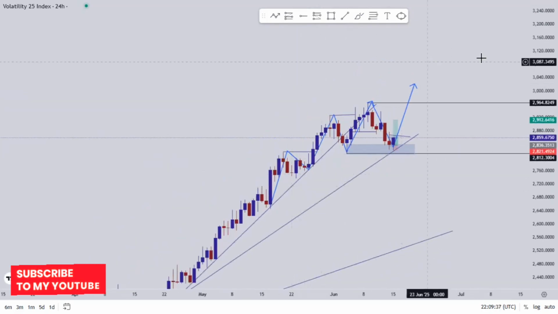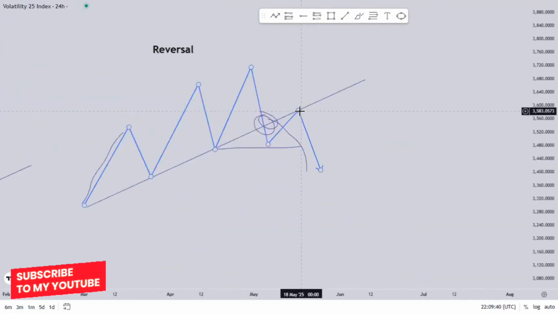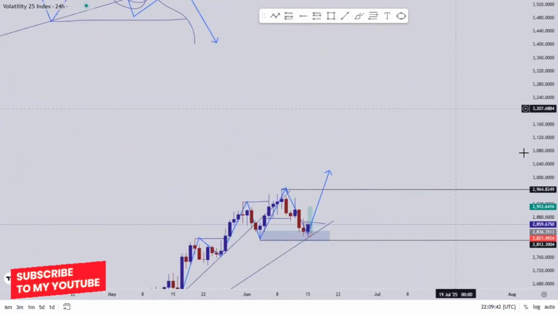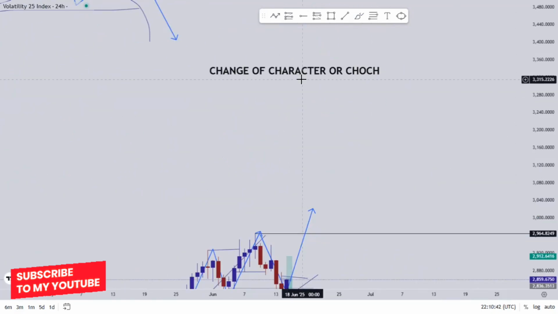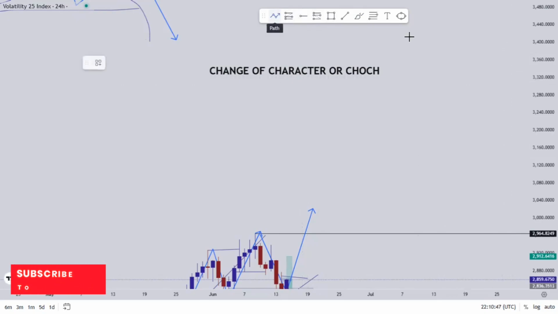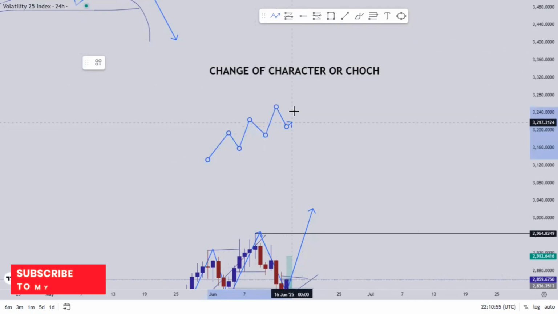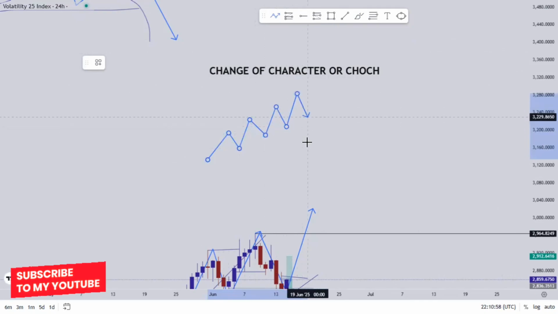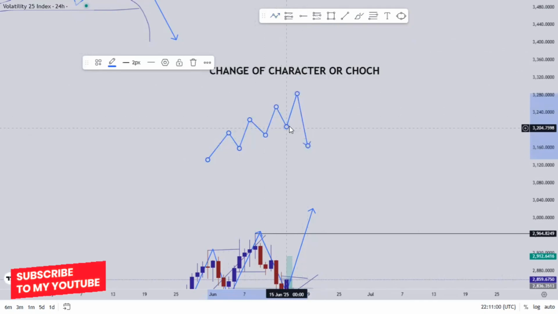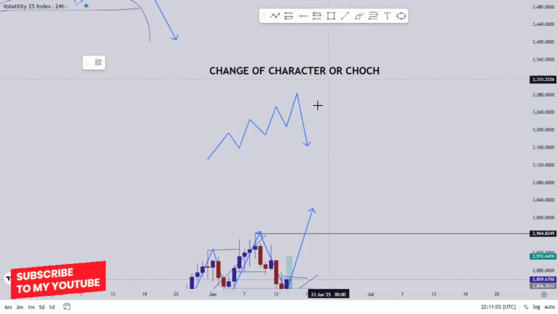Now, that brings me to the concept of change of character. Change of character is one of the key concepts that play a major role in my trading strategy. And it's simple. When I have a trending market, and I suddenly have a violation of this low here, this is what I call, or what is being referred to, as change of character.